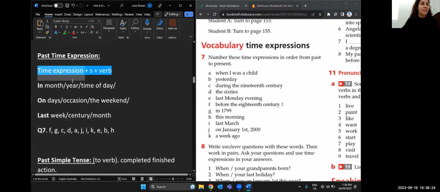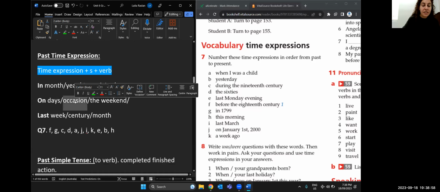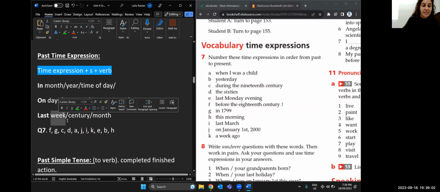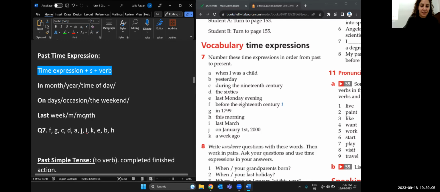They're words like in a month, in a year, last weekend, last Sunday, last year, last month, in June, because remember it's in the past, in 2020, in the morning, on Sunday, on Christmas, on the weekend, last Wednesday, last century, last month, last year. So that's what time expressions are.